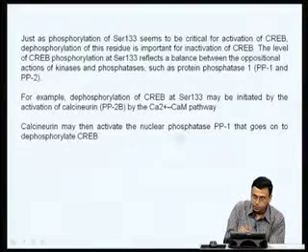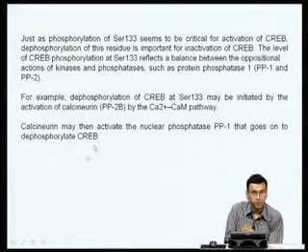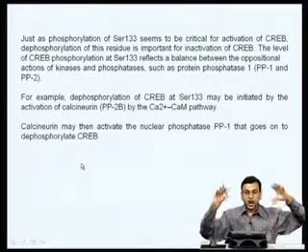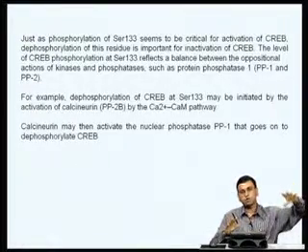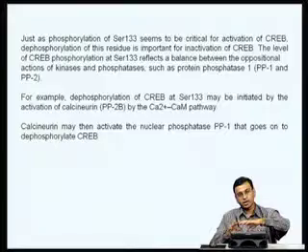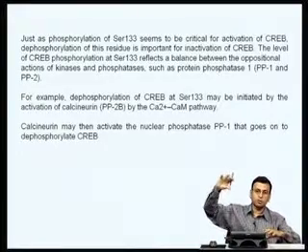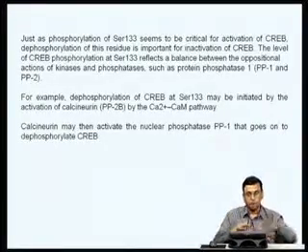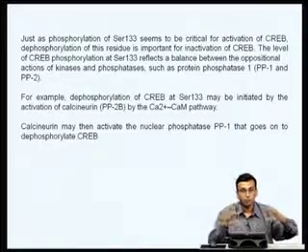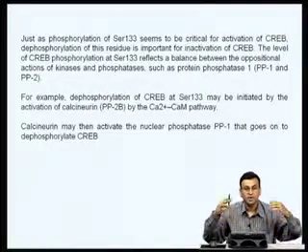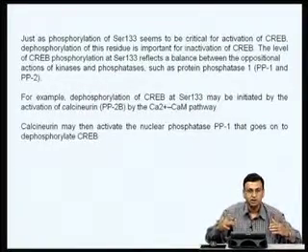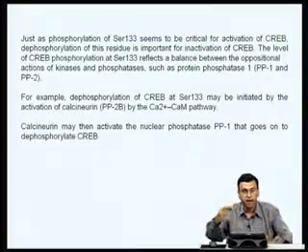Calcineurin may activate the nuclear phosphatase PP1, which goes on to dephosphorylate CREB. So, there is a dynamic equilibrium between signaling pathways which activate kinases that phosphorylate CREB and pathways which activate phosphatases that dephosphorylate CREB, and this equilibrium between these two opposing pathways ultimately determines how long the CREB signal, the cyclic AMP signal or the positive signal, can remain active.